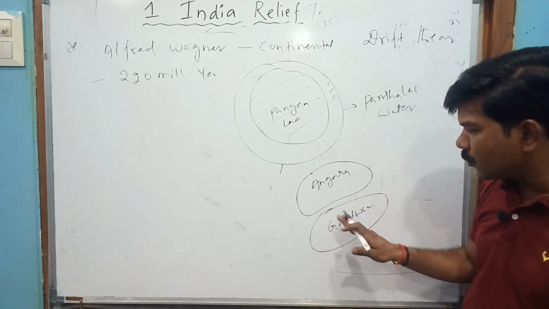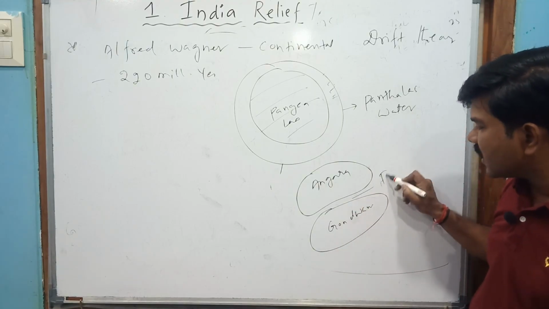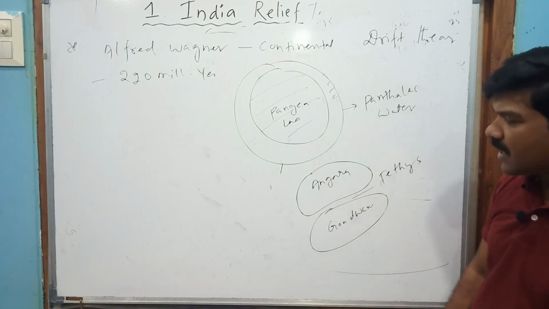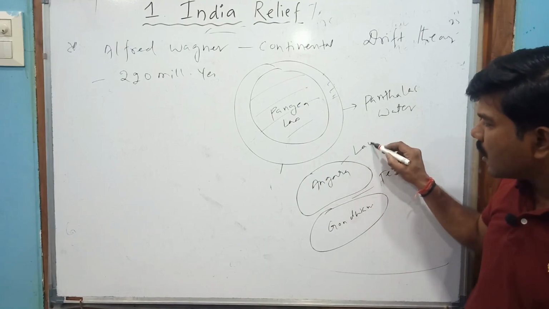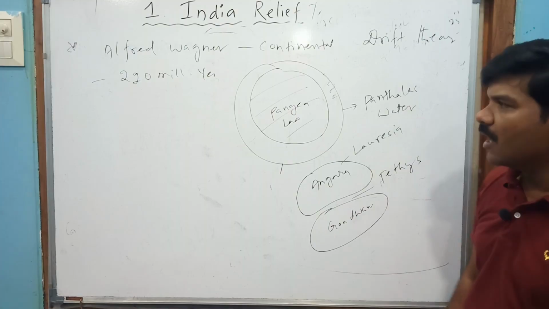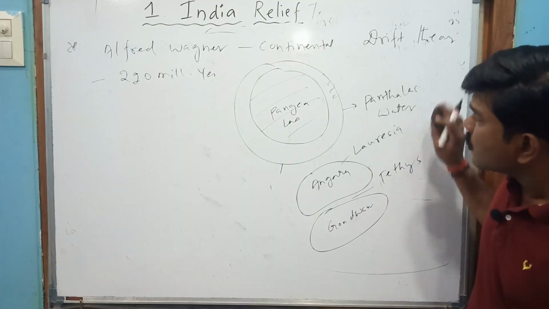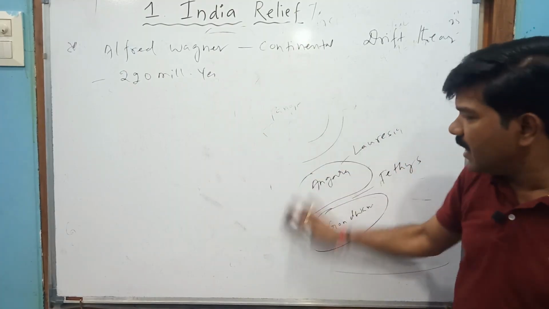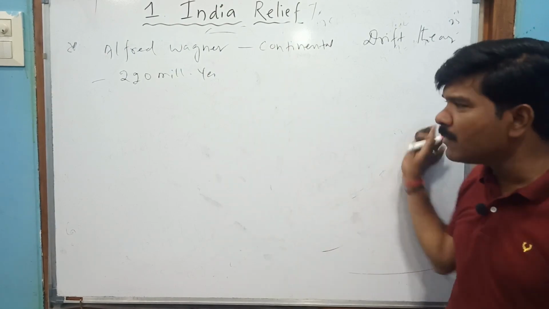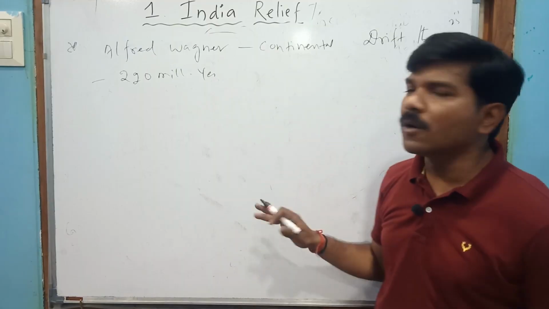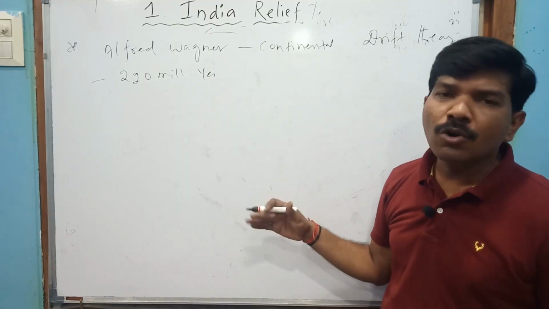Between them was the Tethys Sea. This Angara land is also called Laurasia in 9th class. So India separated from the Gondwana land. Whatever landmass we have today is because it was separated from Gondwana.